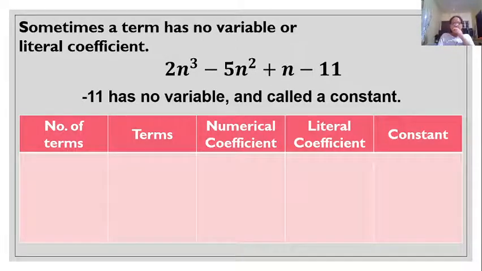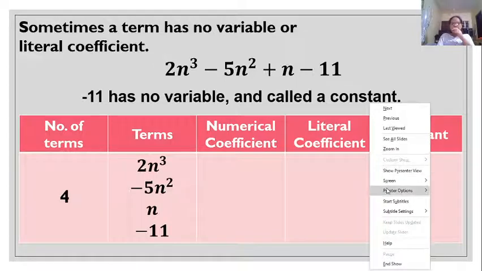So let's study the given algebraic expression. How many terms does 2n cubed minus 5n squared plus n minus 11 have? So it has four terms. What are the terms? We have 2n cubed, negative 5n squared, n, and negative 11.